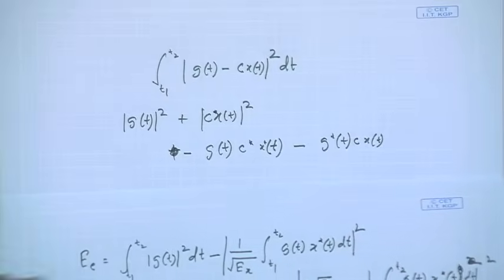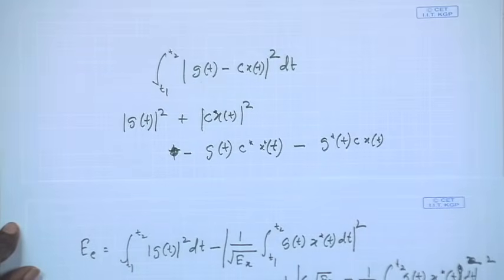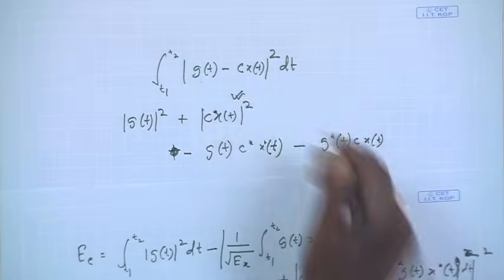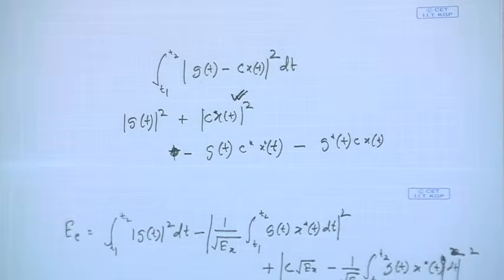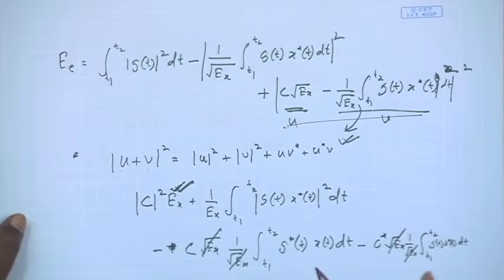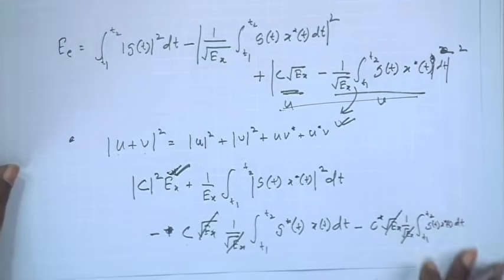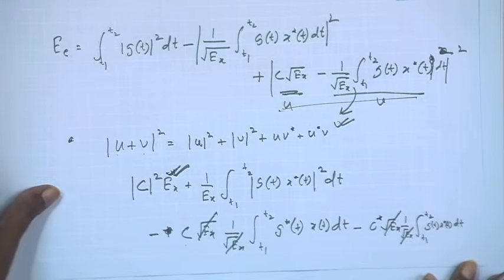We have got this square. So, this square term, if you have evaluated, we have got this |c|² Ex, right, which is actually x mod square t. So, this term and this particular term exactly match, then our g(t) exactly matches |g(t)|², and that term is also present over here, right.